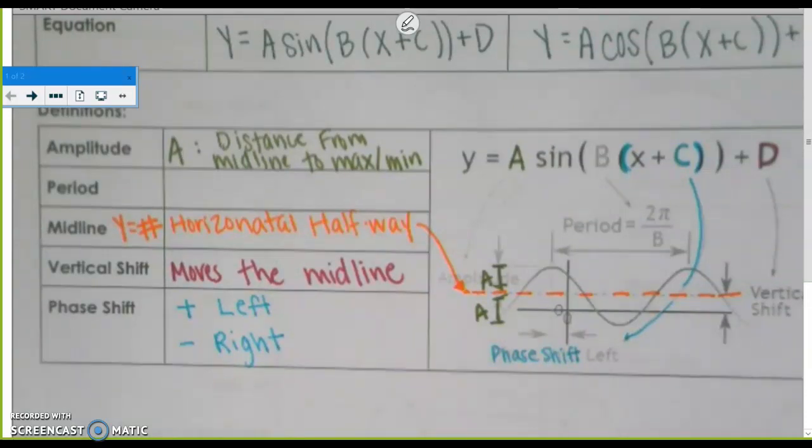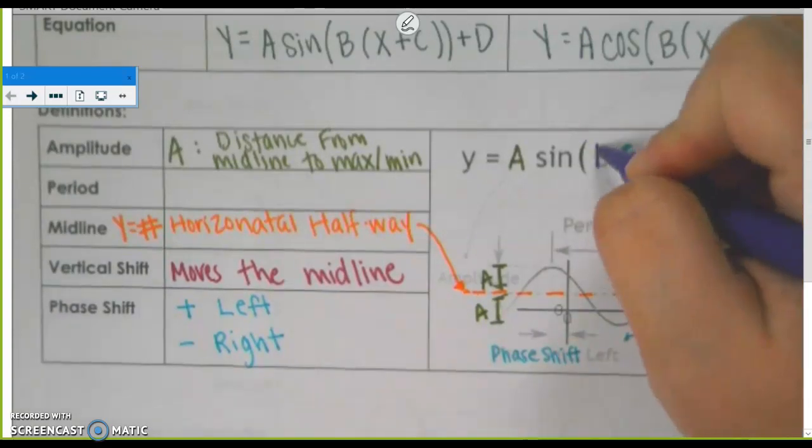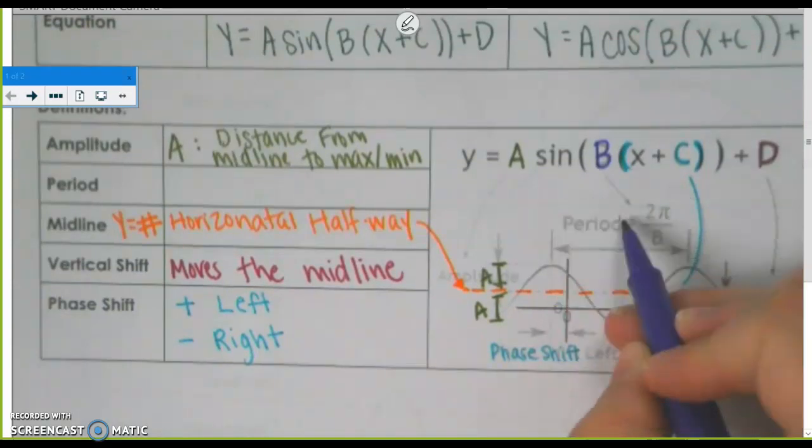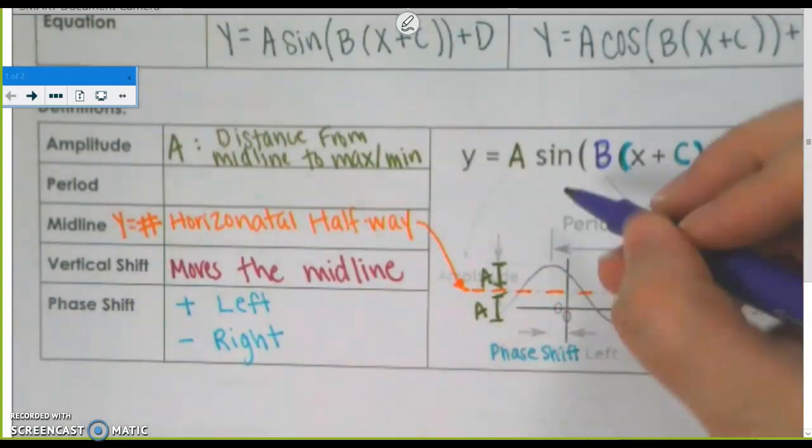All right, so the last thing is the period. The period is related to the B number that's on the outside, but it's not equal to the B number. So the period is usually where we need to spend kind of the most time figuring it out. There's a formula here to figure out the period.